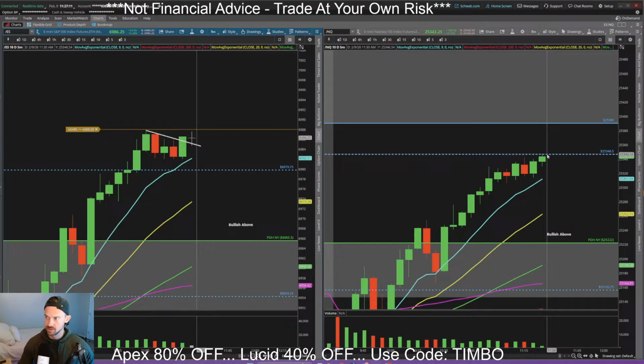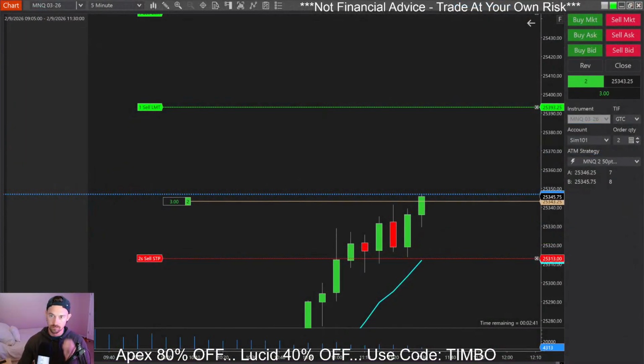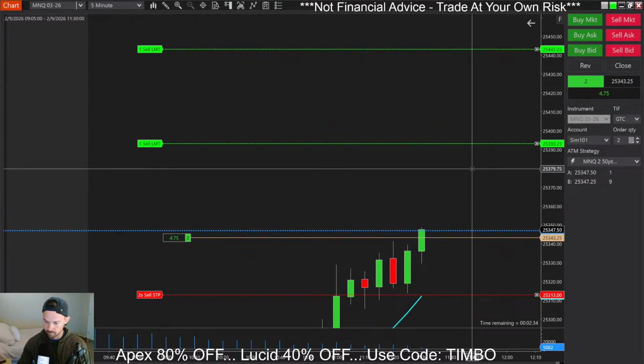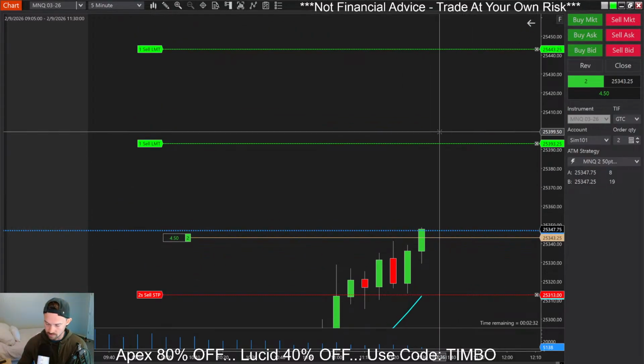So basically, if I lose this trade, I'm done for the day. I'm probably going to be done either way after this trade. I just want to see a quick push. I want ES to make new highs here, and NQ to push through this overnight level here.